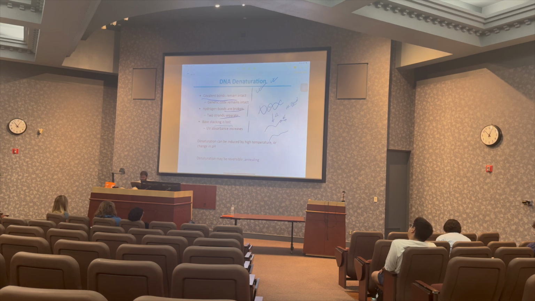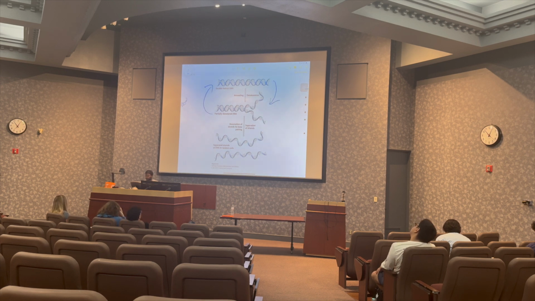Okay, DNA denaturation can be induced by high temperature or change in pH. It's reversible and the reverse process is called annealing, which is making one double helical structure from two separate strands of DNA. This is denaturation, but the reverse is annealing. This is complete separation of the two strands of DNA, separated in the form of random coils.